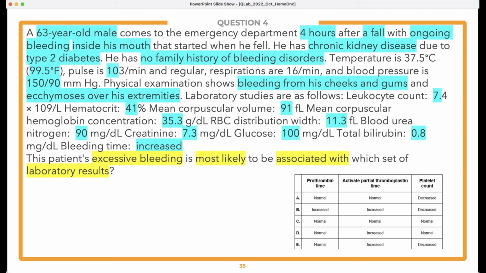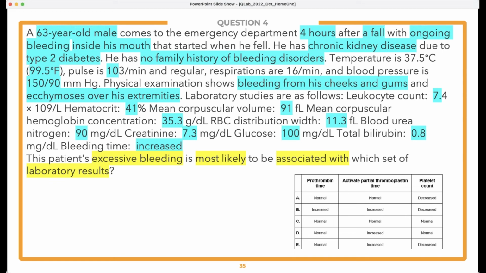Now this question is asking us about the excessive bleeding and what is it associated with in terms of lab results? And I think we've got to figure out maybe, 1, what is the condition or diagnosis here? And then 2, in that condition, what would we see with those different lab values? Prothrombin time, APTT, activated partial thromboplastin time, and platelet count, okay?